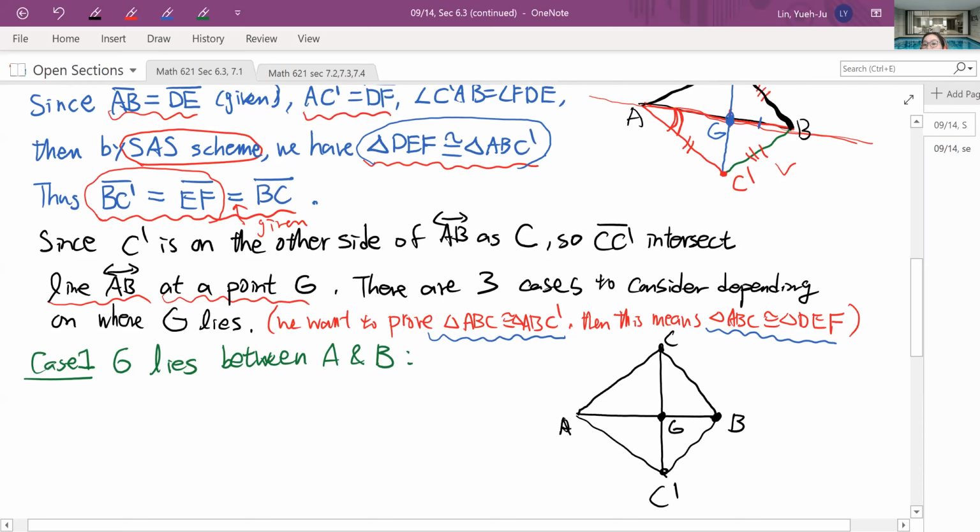That's one of the reasons I insist that everyone, especially in the homework for now, needs to justify each step, right? From one step to the next step, if you want to write down that something is true, you should say it's by whatever proposition or axiom or postulate, right? If you have this good habit, then you train your mind to ask yourself, do I really know this is true?